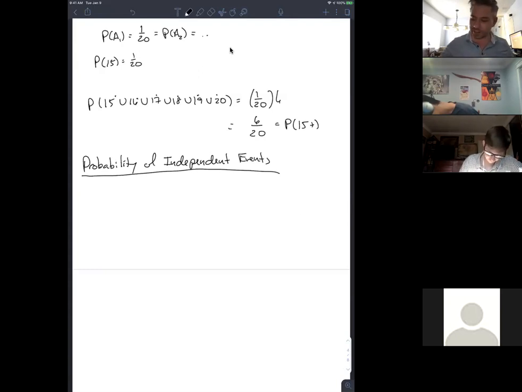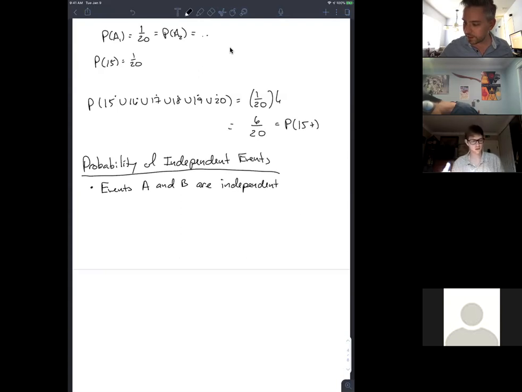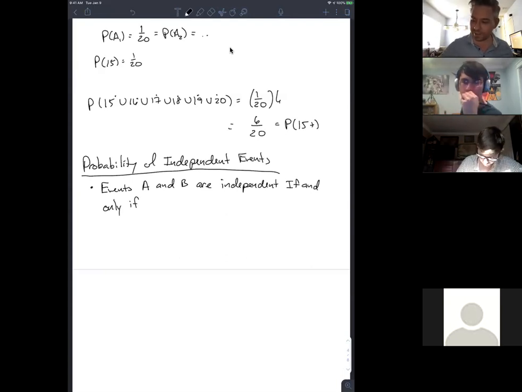All right, so let's say we have 2 events. This would correspond to 2 rolls of our die, A and B. So events A and B are independent if and only if, and in math speak, they write this as iff.